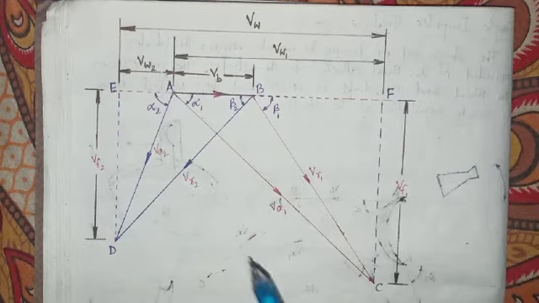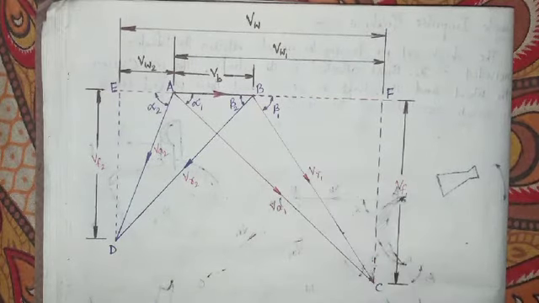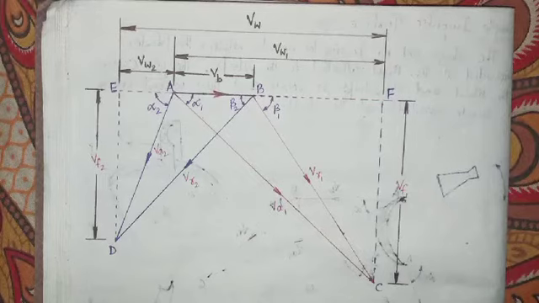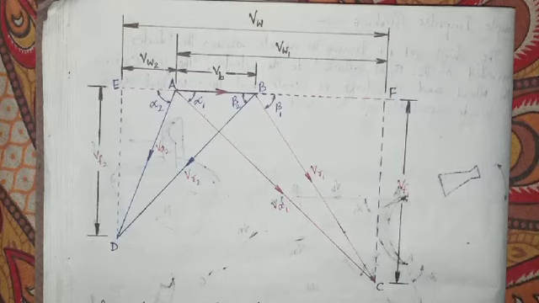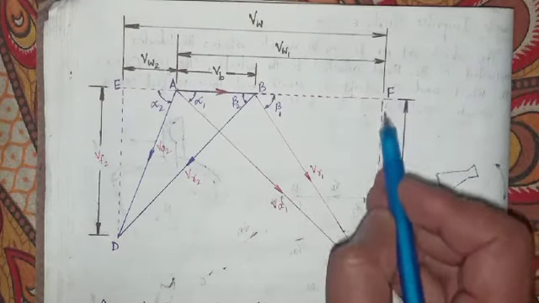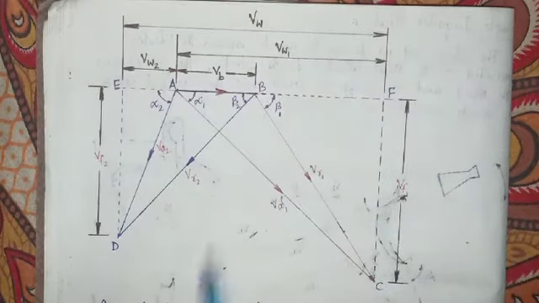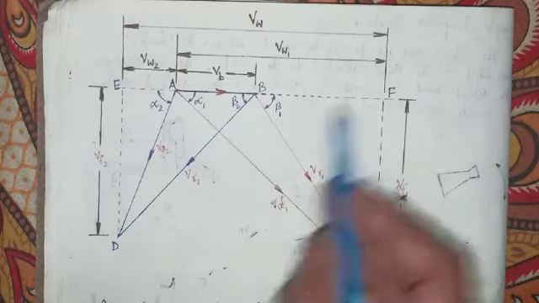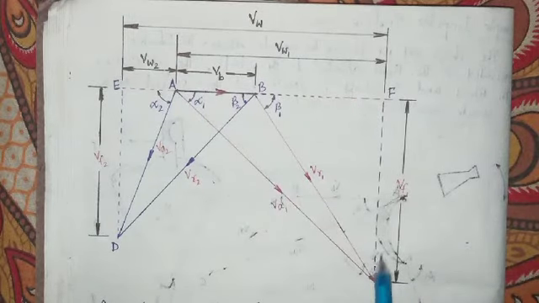The component of absolute velocity in the direction of the blade motion is called the whirl component, or tangential component. The component of absolute velocity at right angles to the direction of the blade motion is called the flow component. This is VF1.